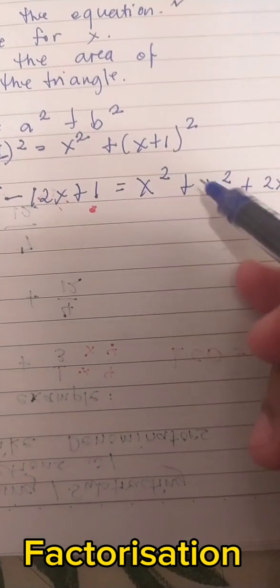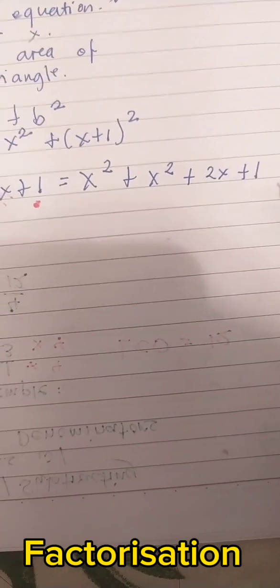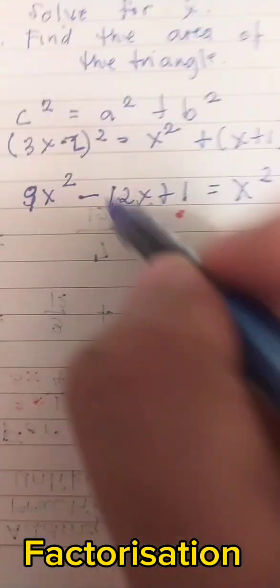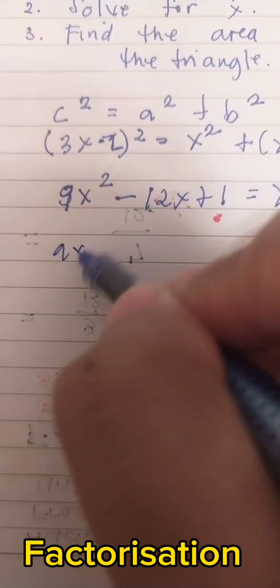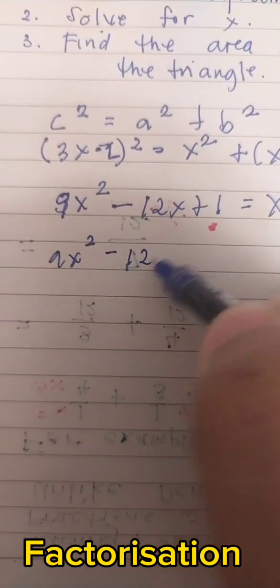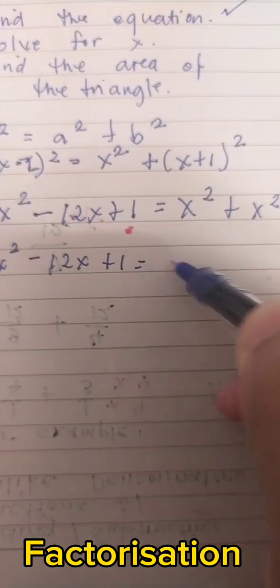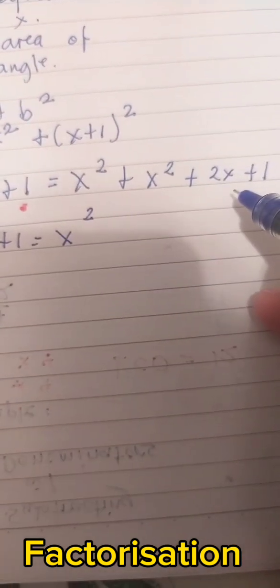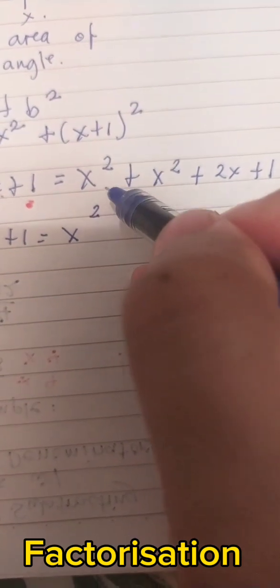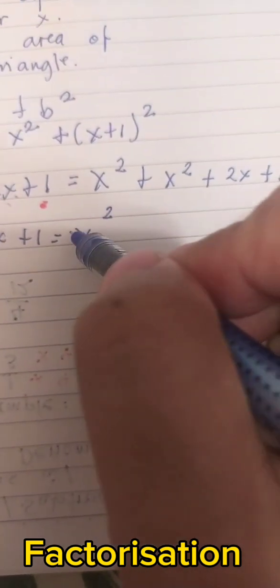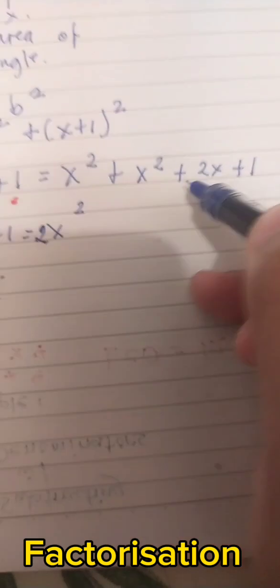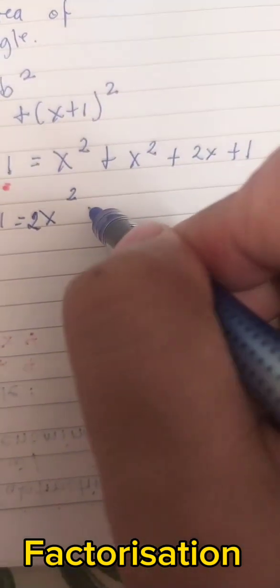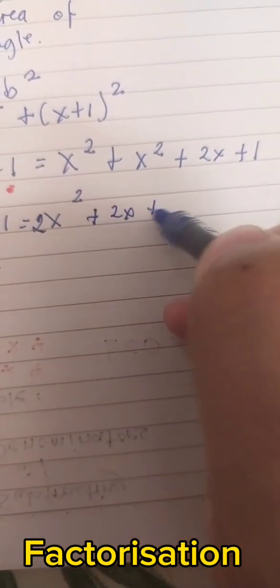Now, etong term dito, isi-simplify natin further. So, we have 9x squared minus 12x plus 1 is equal to x squared. I'm sorry, we have to combine this 2x squared and then we have this plus 2x plus 1.